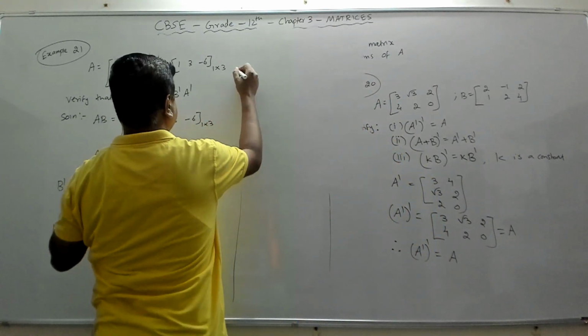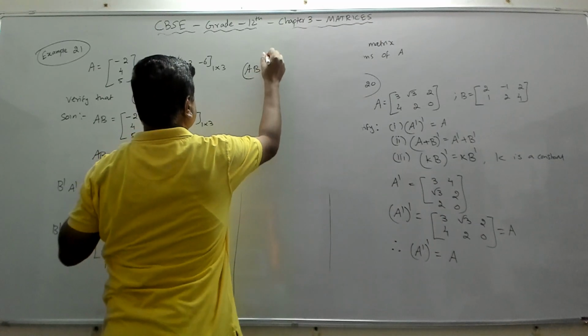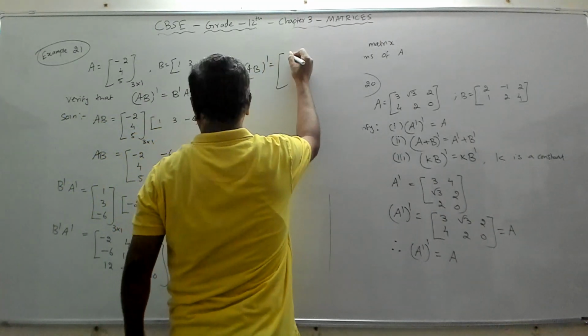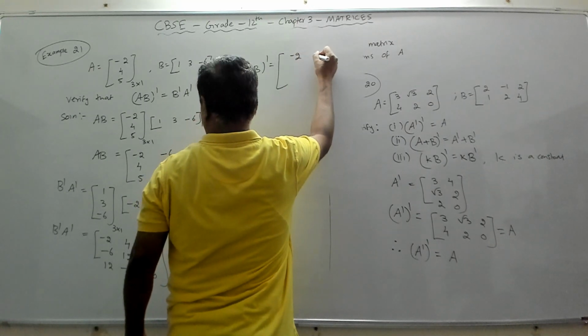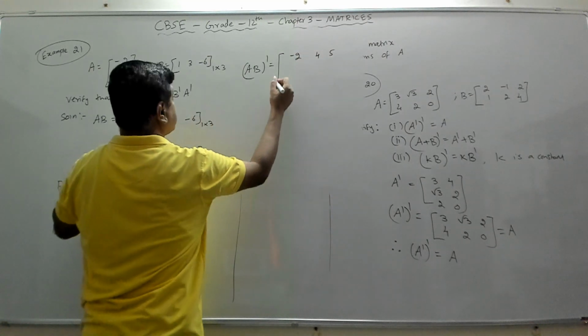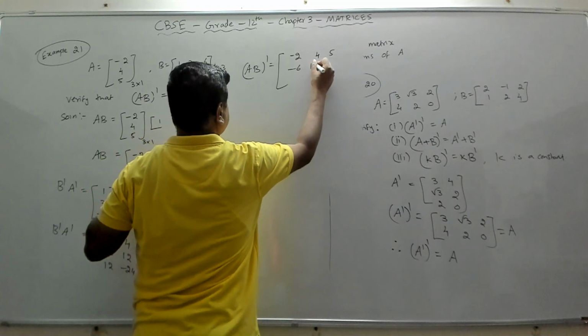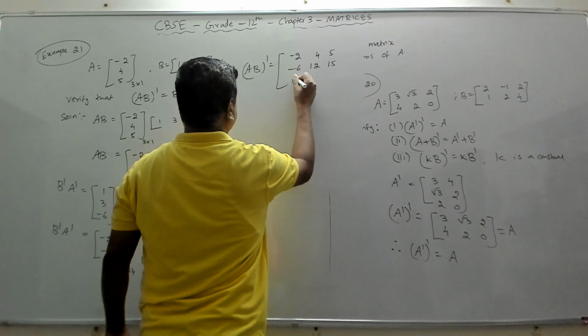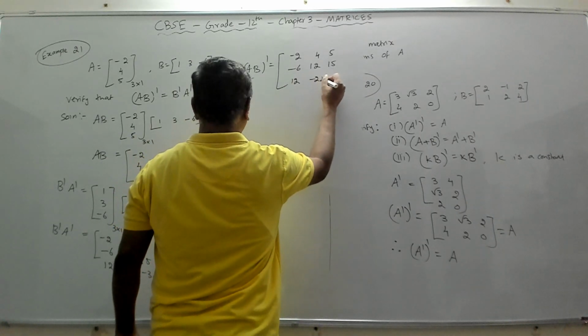Now we got AB. Let's try to find what is AB transpose. Then we have to take the transpose of this. That will be equal to 2, minus 2, 4, 5, minus 6, 12 and 15, then 12, minus 24, minus 30.